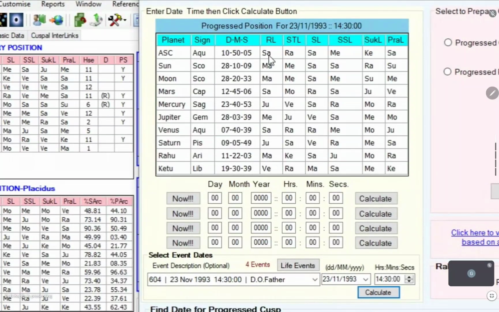The linking to 8th and 12th cusp has to be checked up to the prana level. Now here we don't fix up to the sub level, we have to check it up to the prana level.